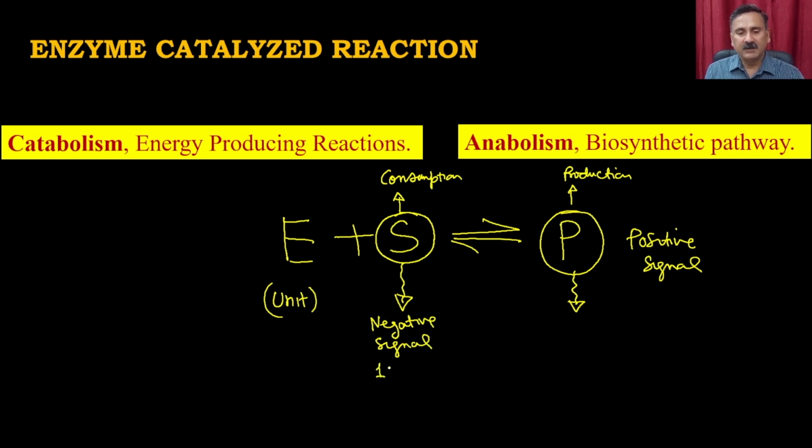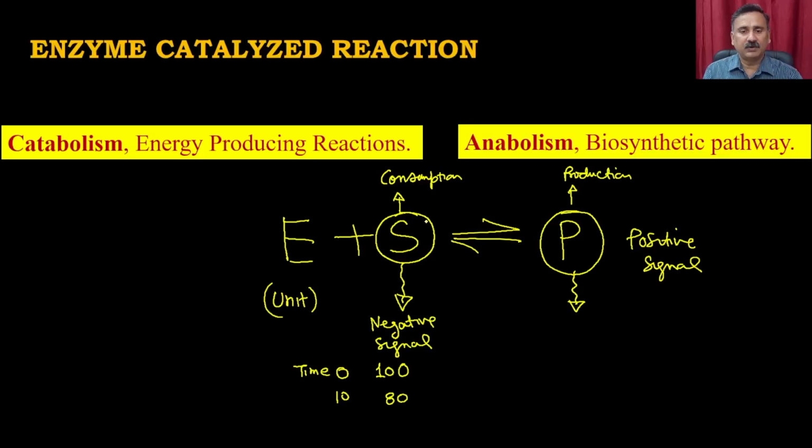What I mean by a negative signal is this: suppose at time 0 you started with 100 molecules of substrate, and after 10 minutes it is 80. Suppose we are measuring the absorbance of this substrate, which is exclusive and does not have any cross reactivity from the product or the enzyme.